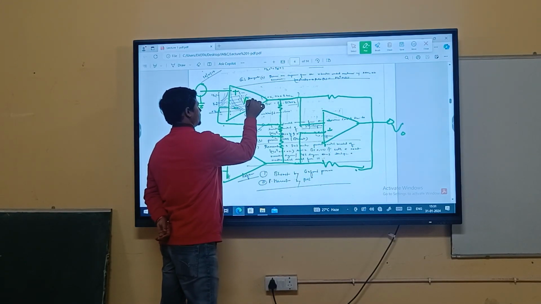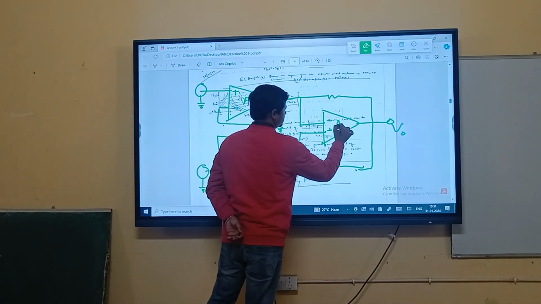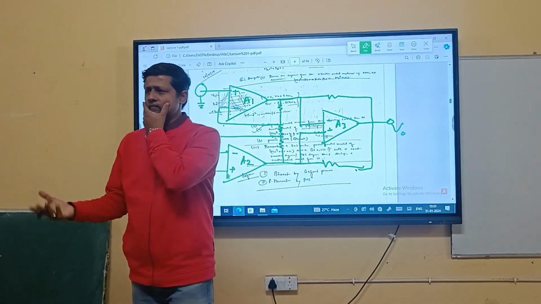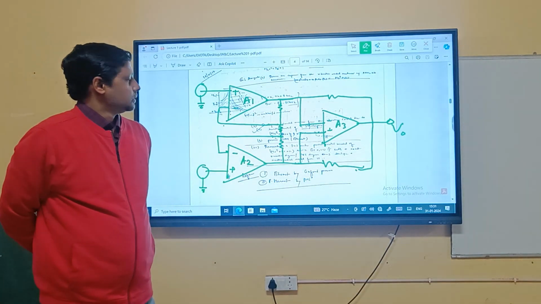Any value you can assume. For example, A is A1, A2, or G1, G2, G3, whatever you want. Some finite value. Take any symbolic representation.